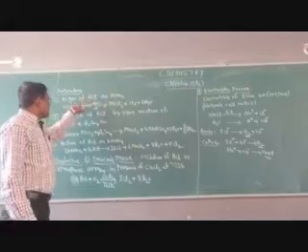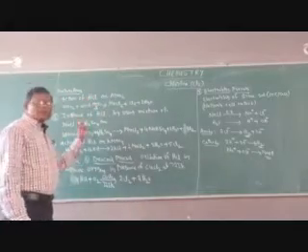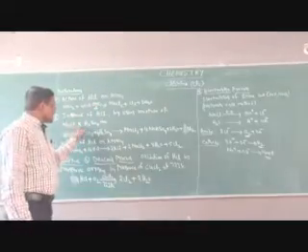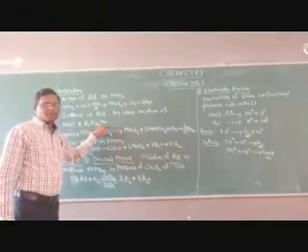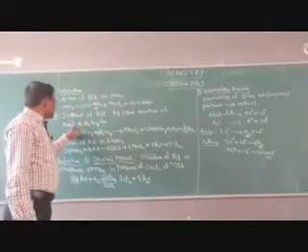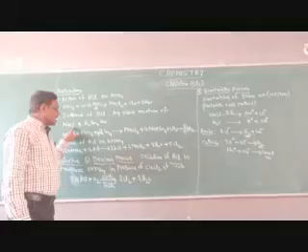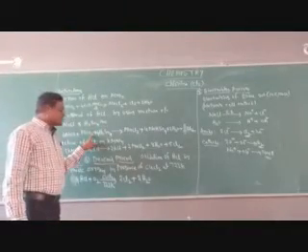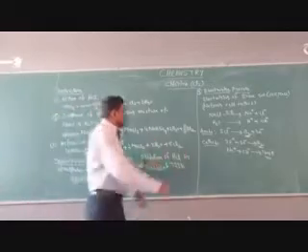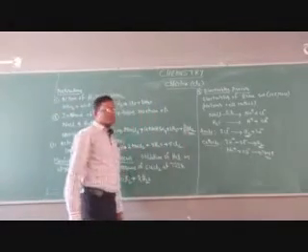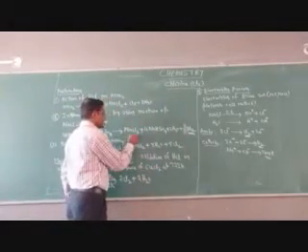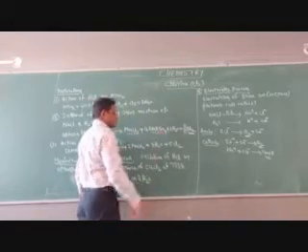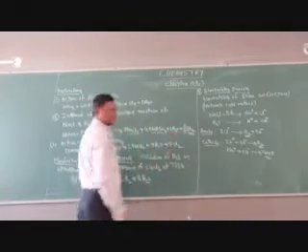However, instead of hydrochloric acid, a mixture of common salt and concentrated sulfuric acid can also be used. If you use common salt, that is sodium chloride, and concentrated sulfuric acid with manganese dioxide, chlorine gas is also liberated, along with the byproducts manganese chloride, sodium hydrogen sulfate, and water.